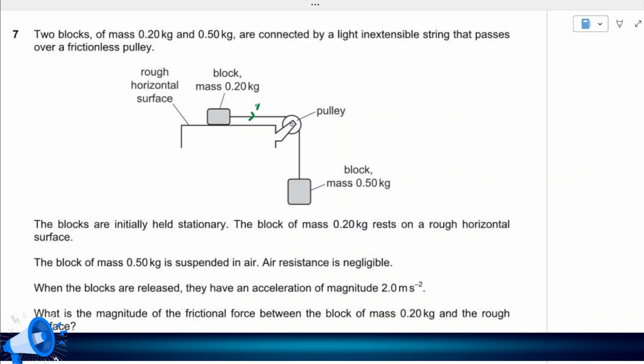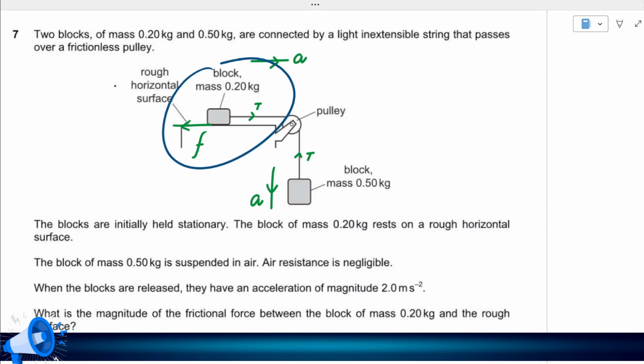So tension would be here. For this one, the tension would be upward. The friction force between the surface and the block would be against the direction of motion, and let's say this is the direction of the acceleration. This one would accelerate downward and the upper one would accelerate to the right side.